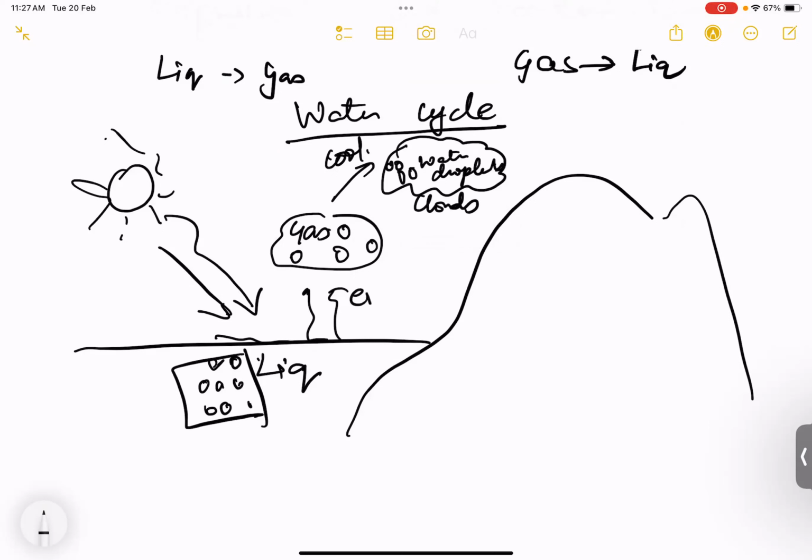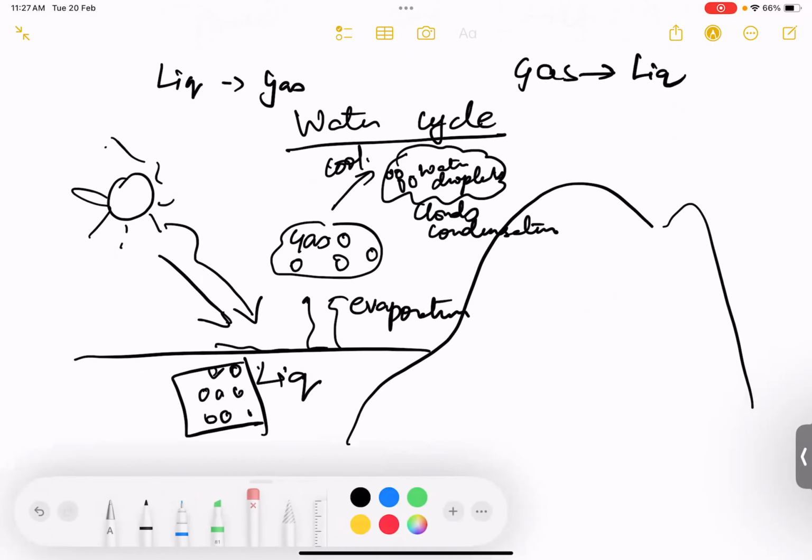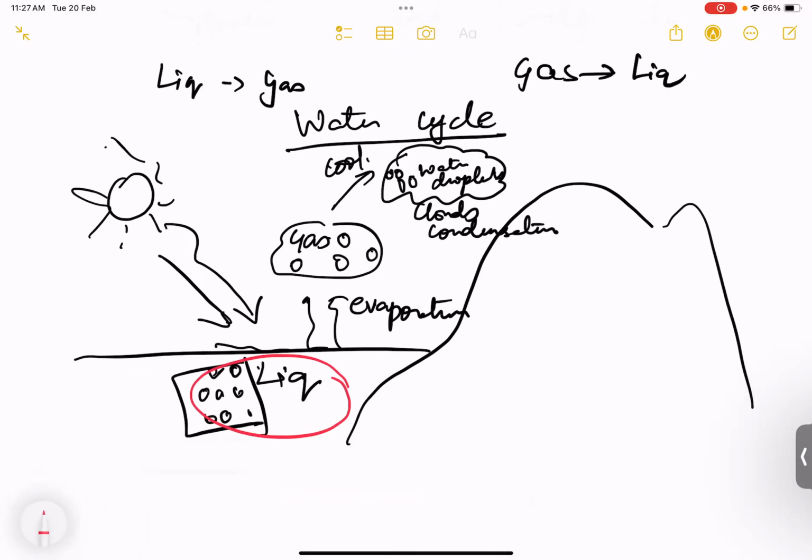So we see evaporation happening over here, and then we see condensation happening because gas is changing into liquid, right? Here, if I change the color, I'll show it to you. Liquid changes into gas in the presence of heat.